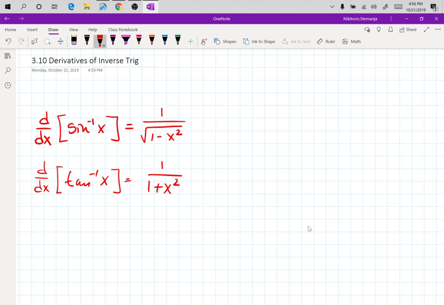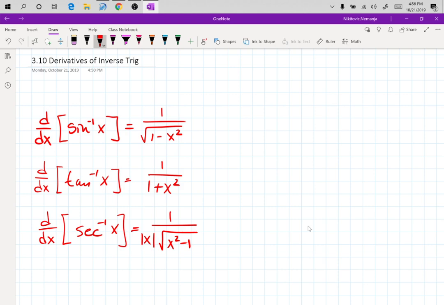And then the derivative of secant inverse of x, which would be 1 over absolute value of x square root of x squared minus 1. So these are the basic 3.